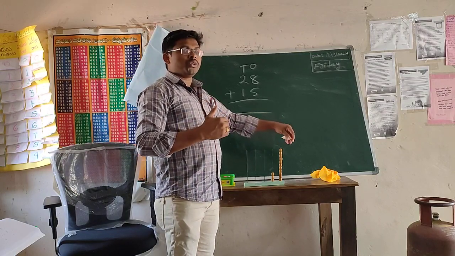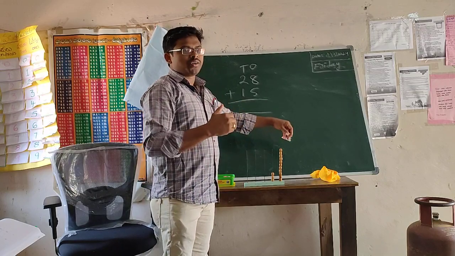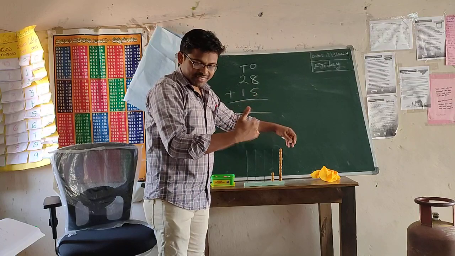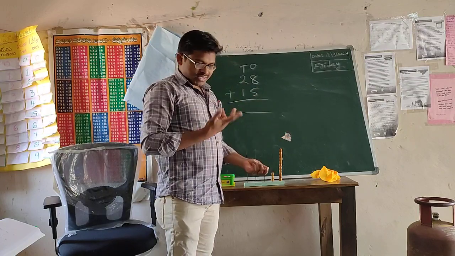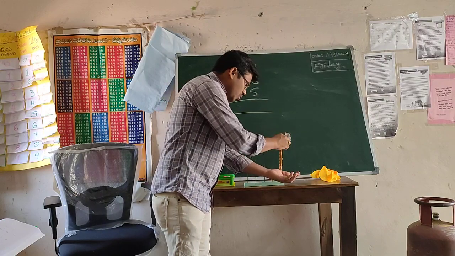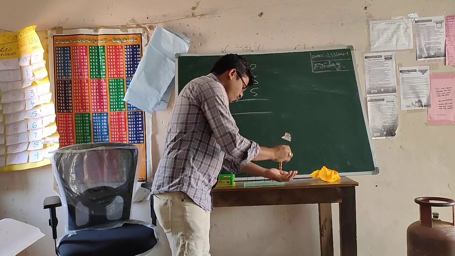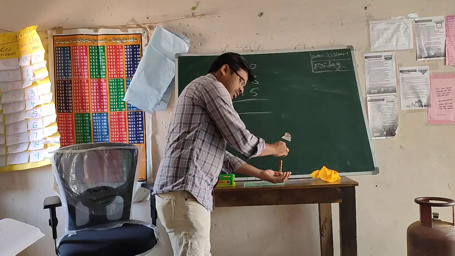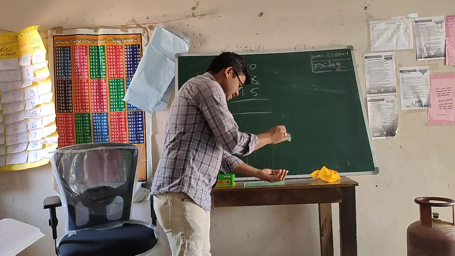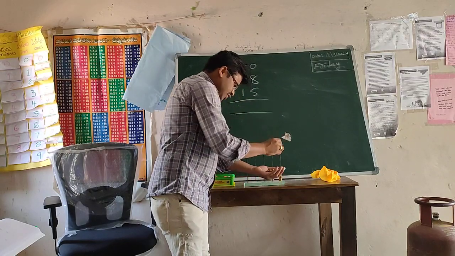Now we have to do regrouping. We have to regroup 13 into 10 plus 3. 10 plus 3 is 13, you know. Count 1, 2, 3, 4, 5, 6, 7, 8, 9, 10.